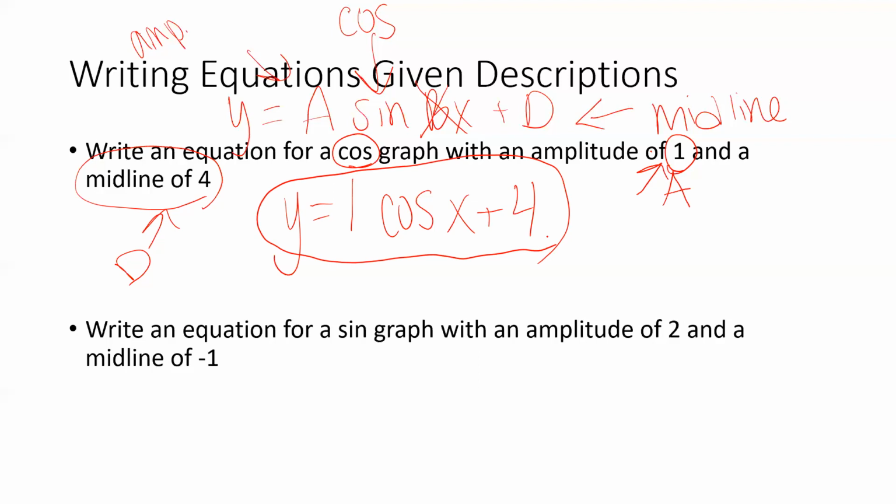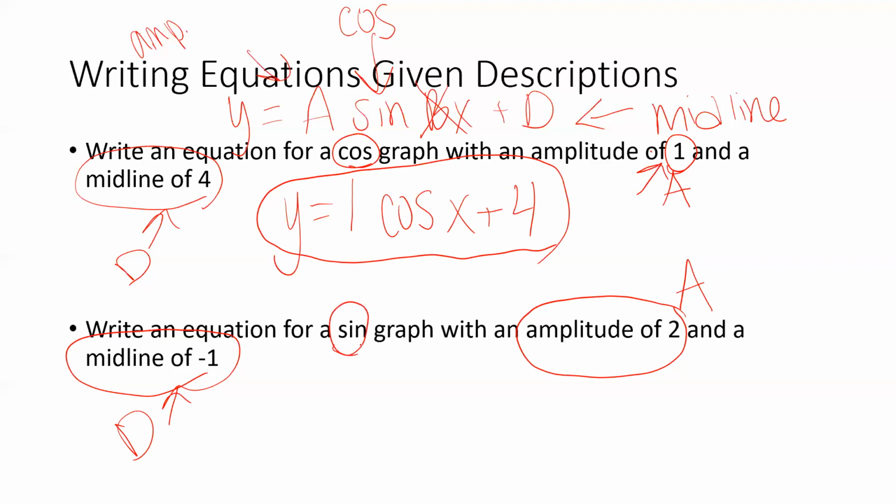For this bottom one, write an equation for a sine graph with an amplitude of 2 and a midline of -1. Pulling out the important parts, amplitude of 2 means that my a value is 2. Midline of -1 means that my d value is -1. And then I'm going to be using the sine because we have a sine graph.